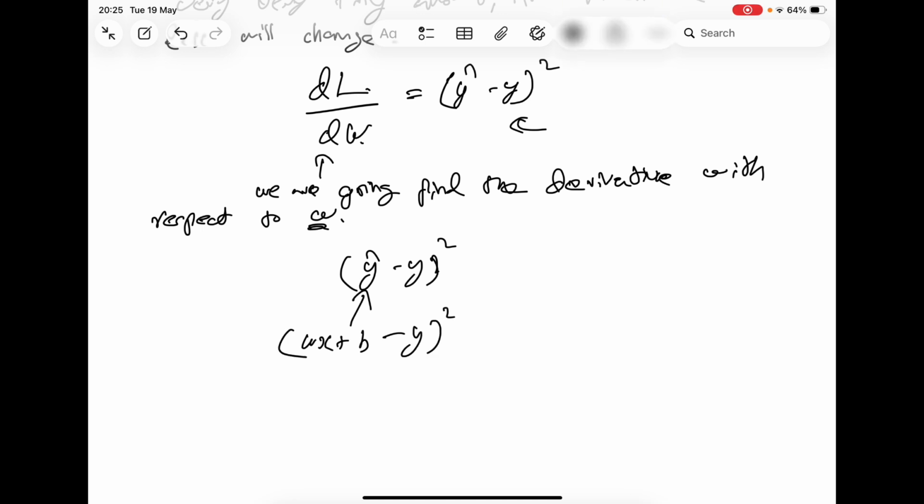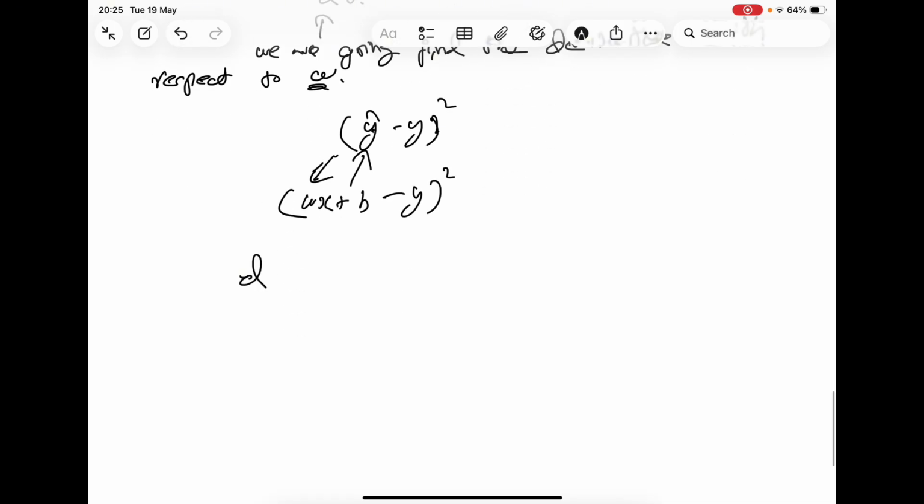If you write this formula in another way, this is how we write it: (wx plus b minus y) squared. Now we can easily find the derivative, right?